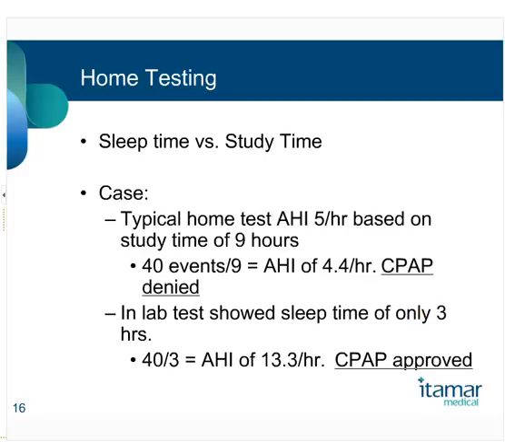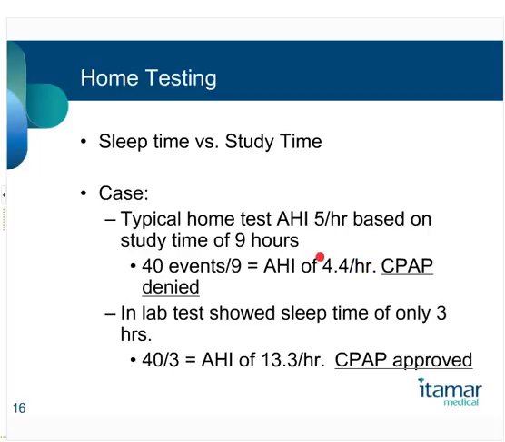And this little thought experiment shows the implications of this. You have a typical home test where the apnea-hypopnea index is based on a study of 9 hours. There are 40 events divided by 9 hours, which results in an apnea-hypopnea index of 4.4. So at 4.4, CPAP therapy would not be approved for this patient.